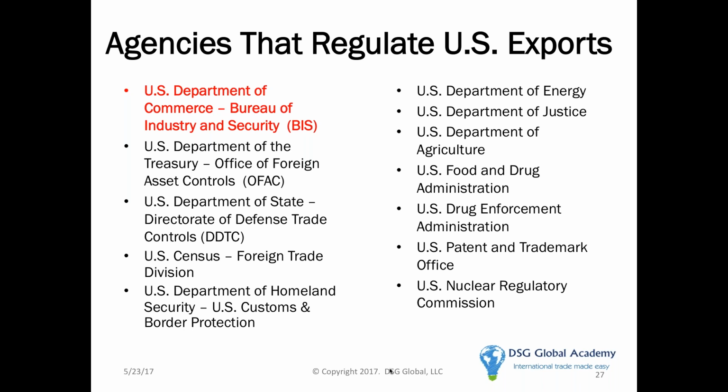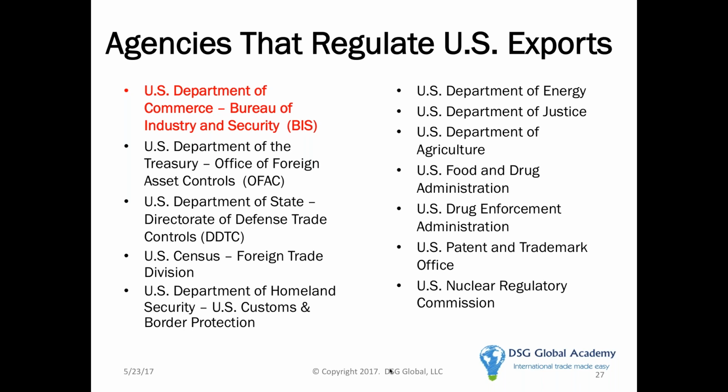The State Department, which is the next bullet on the left-hand side, deals with all exports concerning military or ITAR items. ITAR stands for International Traffic in Arms Regulations. The US Census Department deals with export trade statistics like the EEI information and Schedule Bs. EEI, as we talked about, is the electronic export information.